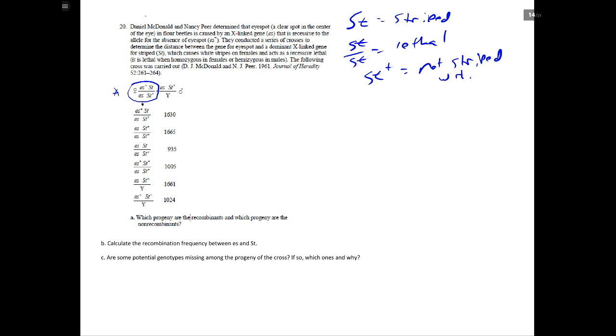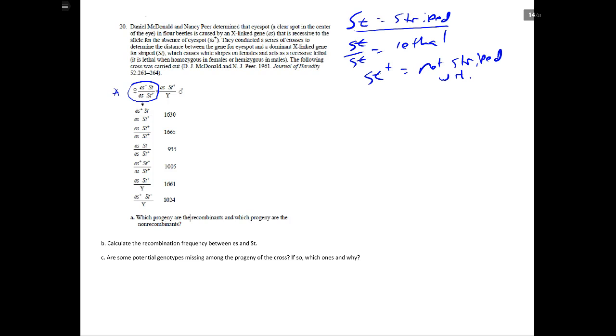It's because striped is dominant, so it's not as hard as I thought. So striped is dominant, and the ST plus is recessive. So wild type is recessive. The reason I'm hesitating is because you can tell there's a big S there, and that makes you think that it is dominant.